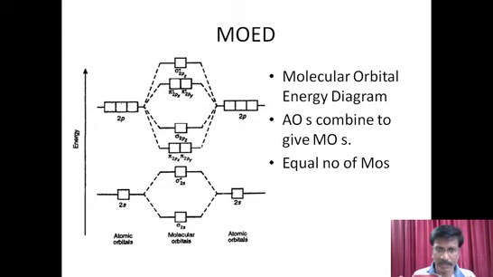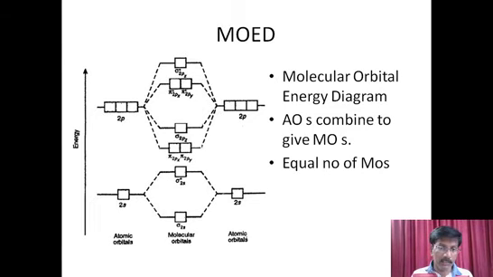These three are bonding type. On the upper side are two pi orbitals with the same energy, and above that sigma. These three are anti-bonding. So the lower pi and sigma are bonding, and the upper pi star and sigma star are anti-bonding. Altogether 6 orbitals are written in the middle.